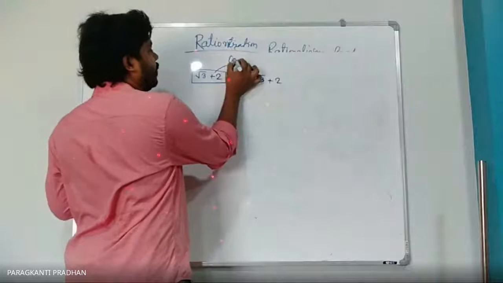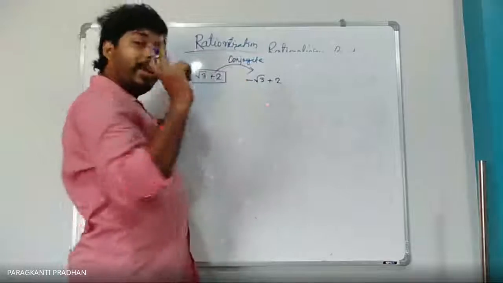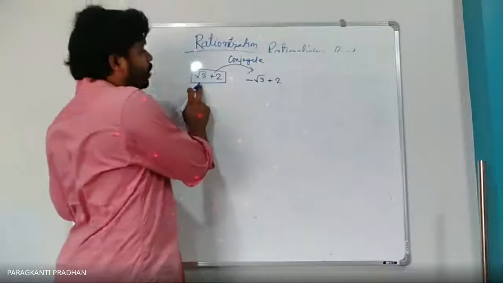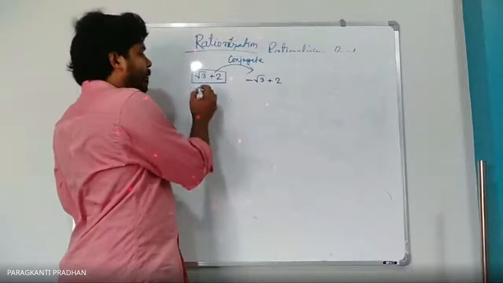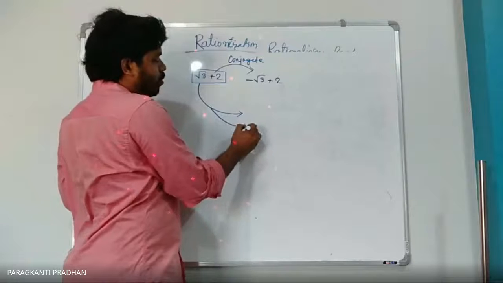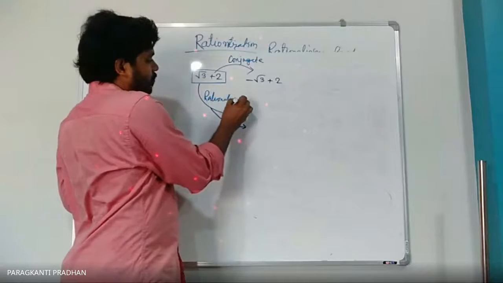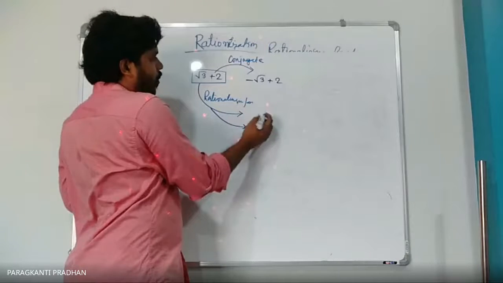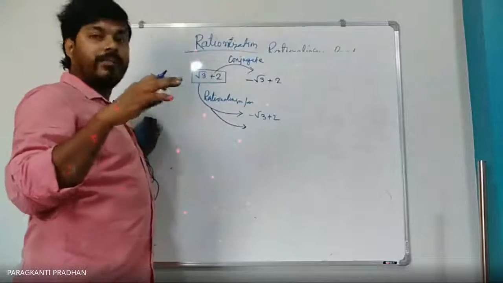Only one is the conjugate, when the sign under the root value is changed. But it has two rationalizing factors. One is minus root 3 plus 2, so the conjugate number is also a rationalizing factor.